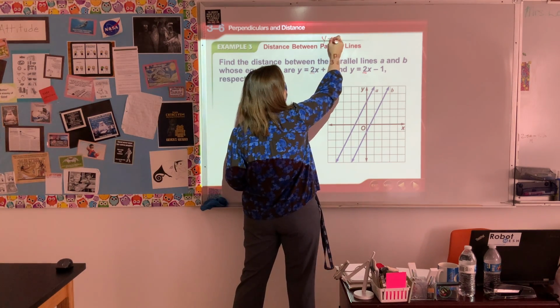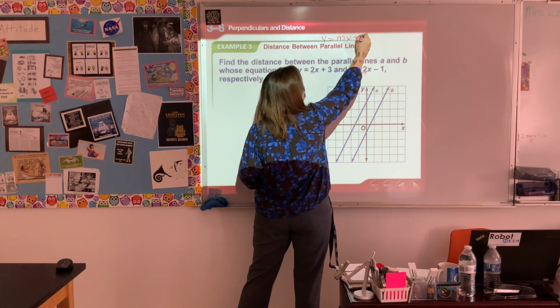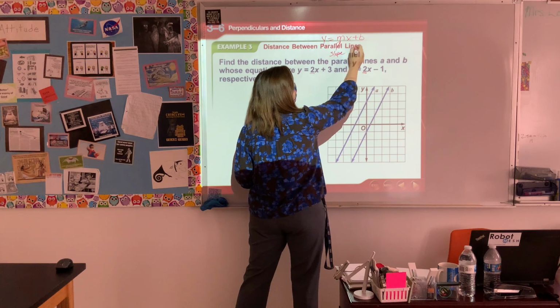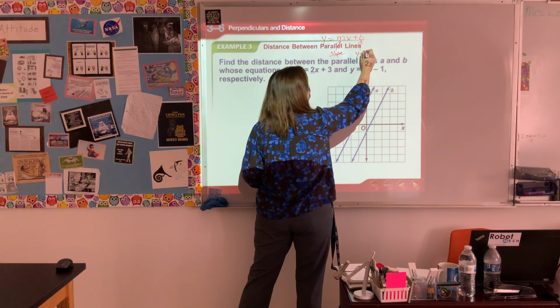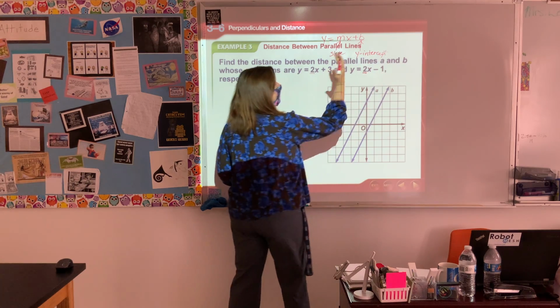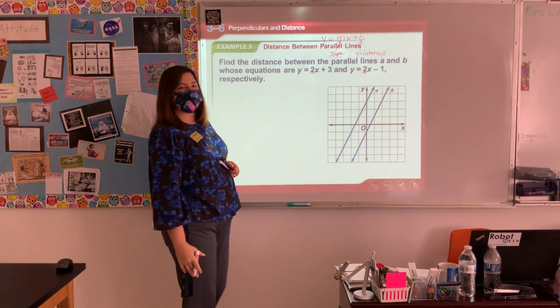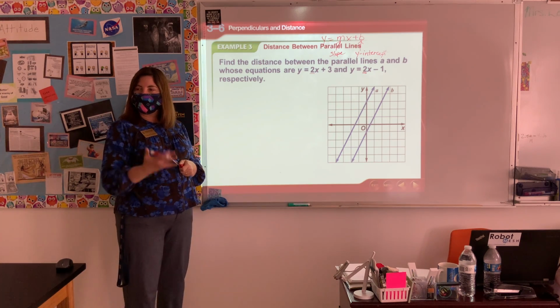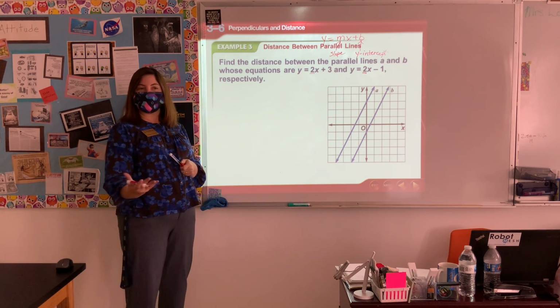Because y is equal to mx plus b. It's an equation of a line. This is slope. This is y-intercept. That is, what is the y value as the line crosses the y-axis, which means that x is going to be 0.